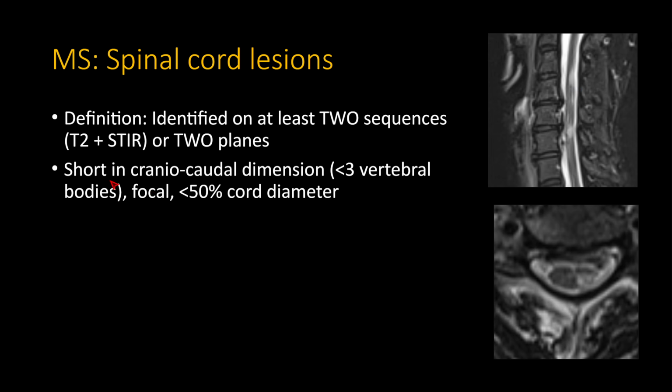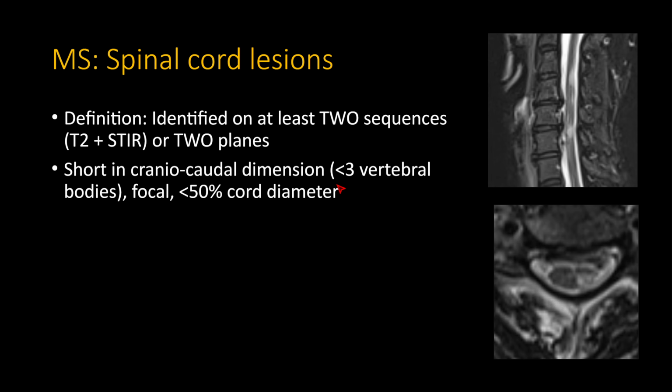Now, typically, but not necessarily for sure, these are going to be very short in their craniocaudal dimension, meaning they'll be less than 3 vertebral body segments in length. They'll be focal, usually affecting just one side of the cord, and they'll be less than 50% of the cord diameter. So in other words, it's rare for MS lesions to be longitudinally extensive.